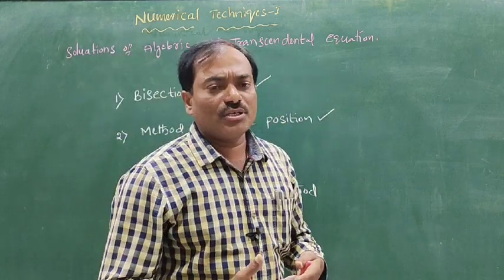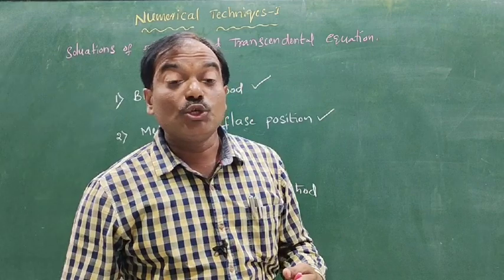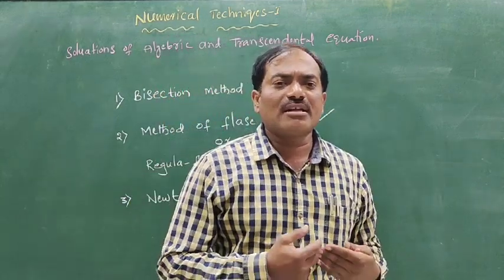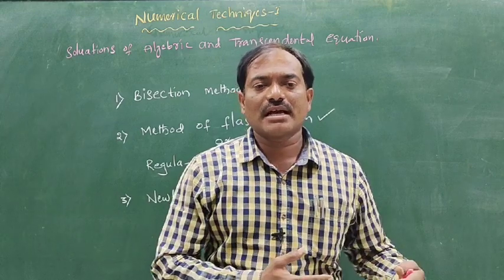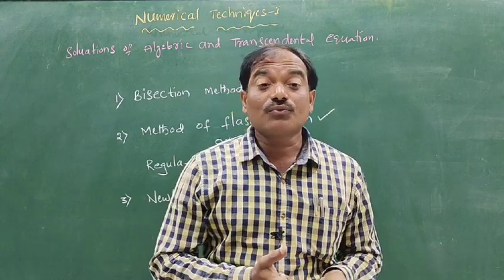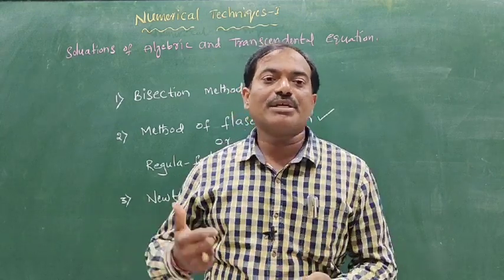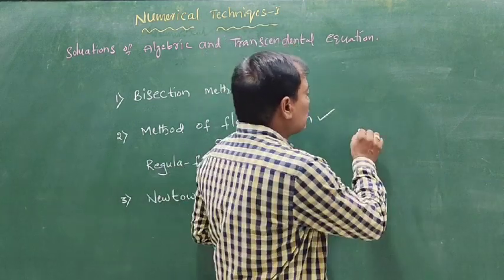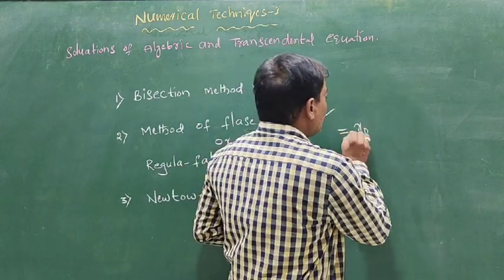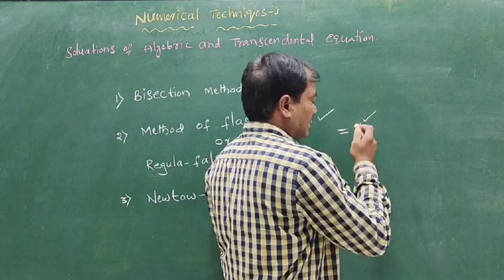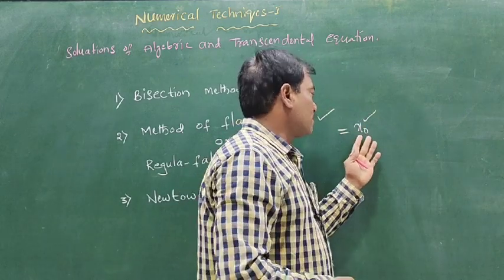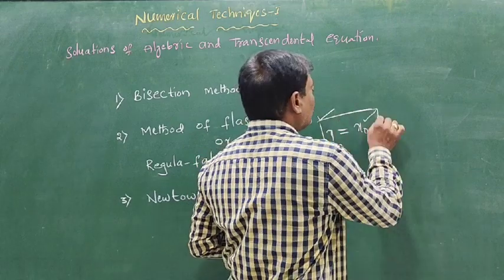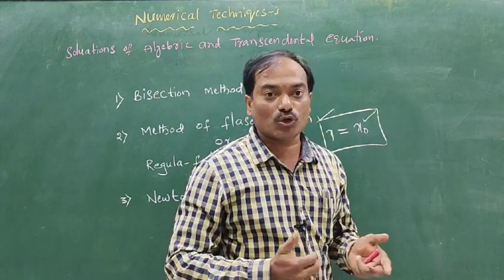What is the meaning of numerical methods? In numerical methods we cannot get the answer directly, we cannot get the root directly. We have to find it step by step, meaning first we have to assume an initial approximation, for example x equal to x naught, which is one of the roots.